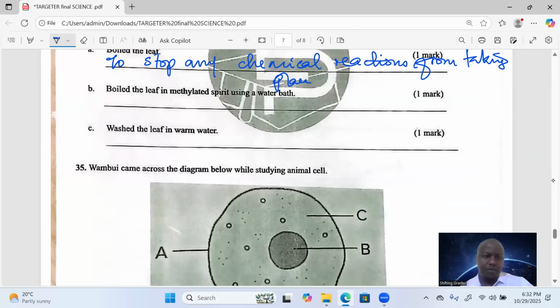Then part B. Boiled the leaf in methylated spirit using a water bath.